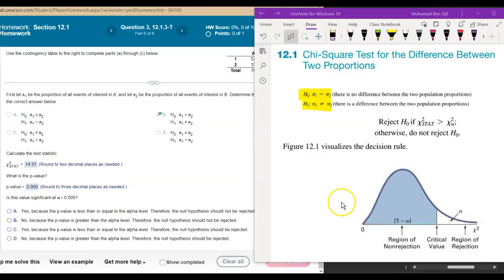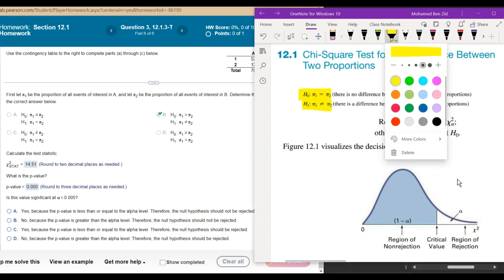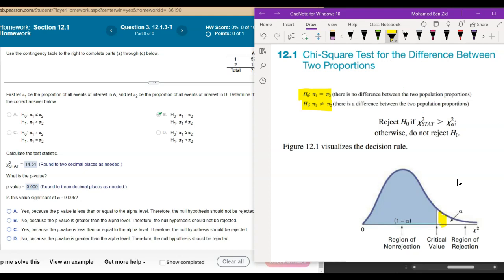Let's go back. To make a decision is pretty much the same thing as we did before. If you are already in 12.1, you know how you make a decision for the null hypothesis. This is my chi-squared distribution, and this is my critical value. The place where the critical value ends is going to be alpha. Let's assume alpha is 0.005.